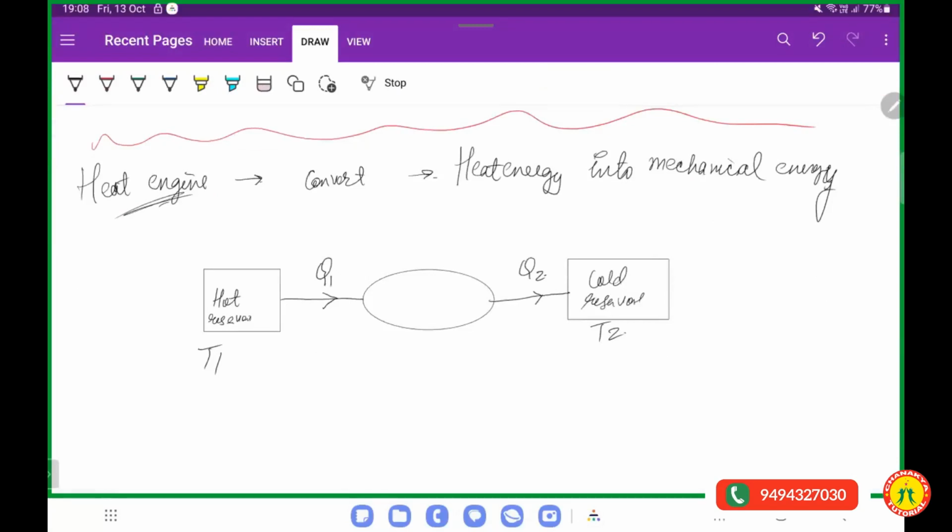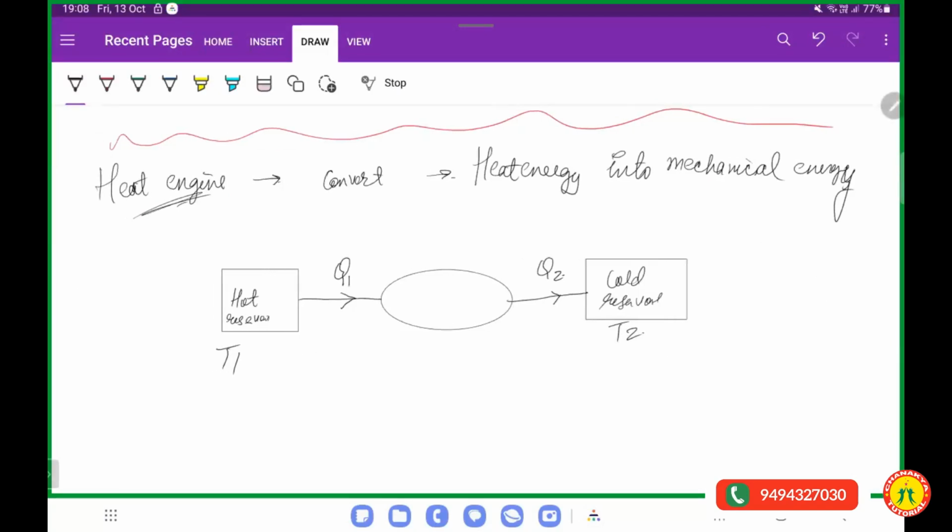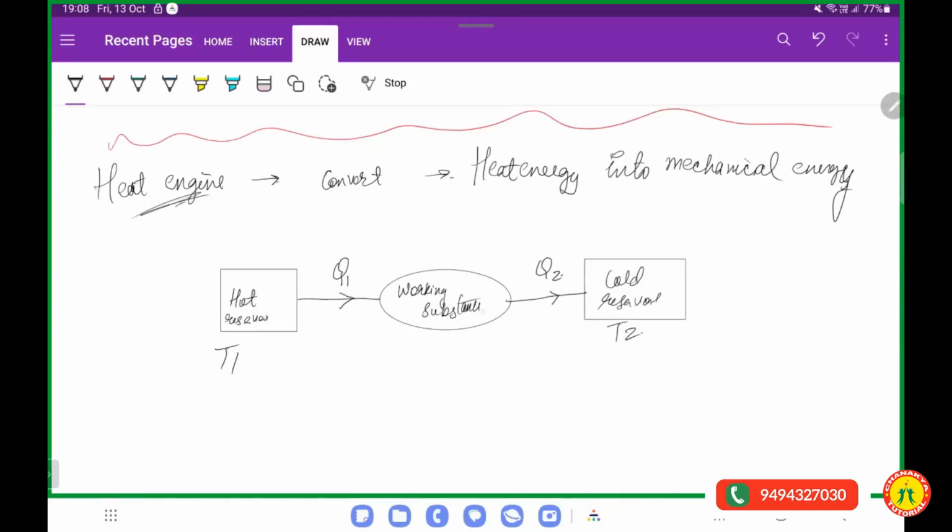We can say mechanical energy, but formula-wise we say work done. It is mechanical energy only. So here we will say working substance, in the form of work done. So W equals total heat Q1 minus Q2.